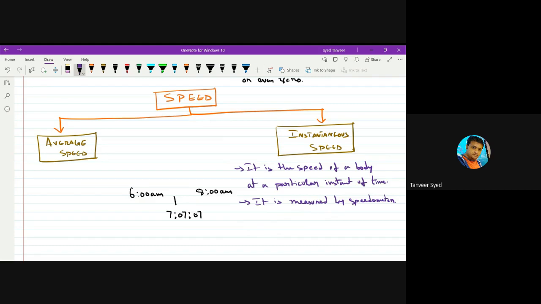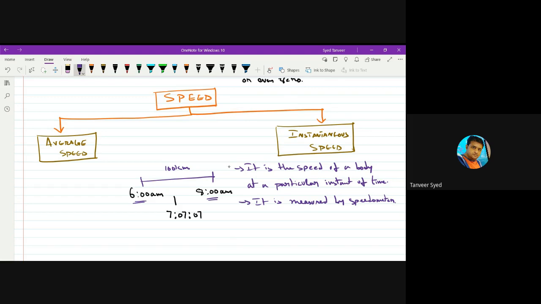If you take average speed, again coming to this example, you start your journey at 6 a.m. and your journey ends at 8 a.m. That means you are traveling for 2 hours. Say you cover a distance of 100 kilometer and you take 2 hours to do that.